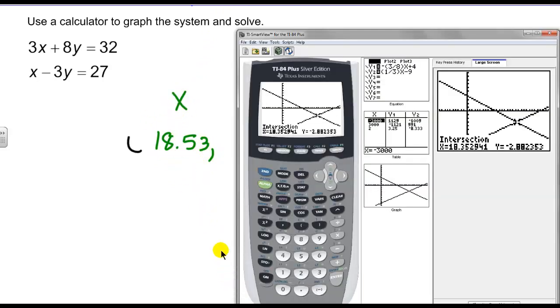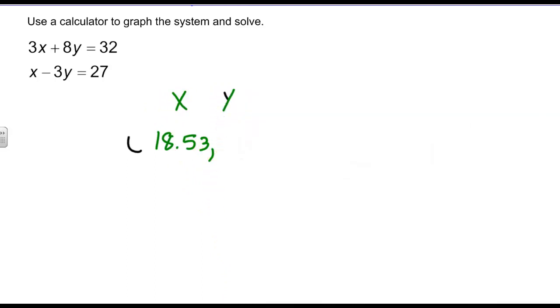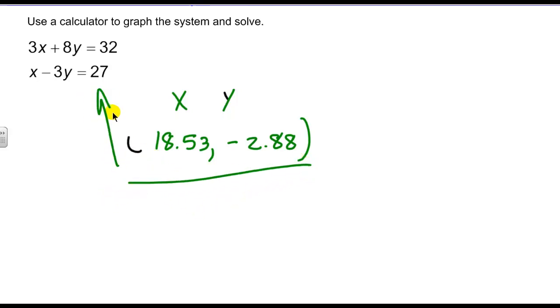And then the y, once again, was negative 2.88. And that point will solve both equations in this system.